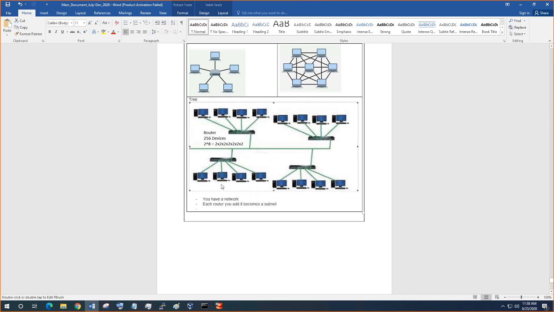So the maximum each router supports, then what happens is you add another router in one of these ports, then it becomes another subnet. Okay, so now this router supports 256 including this router, and this router will handle another 256 devices.